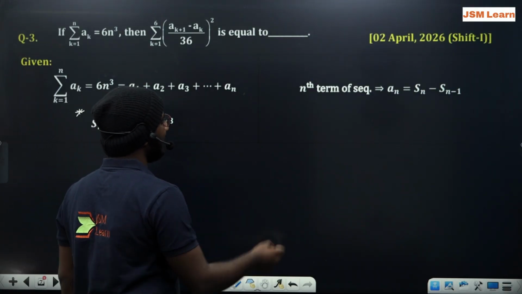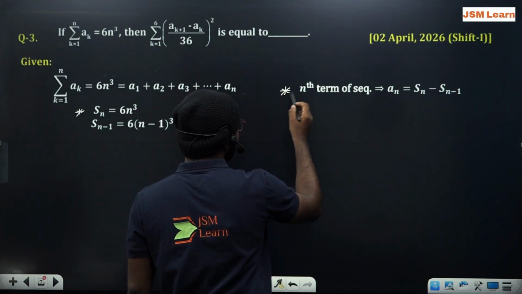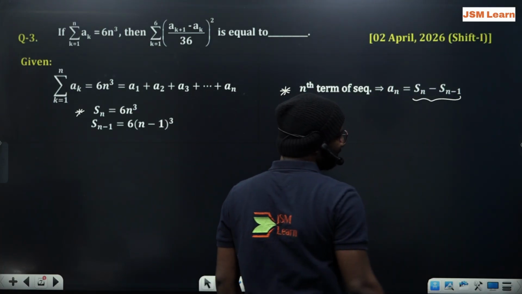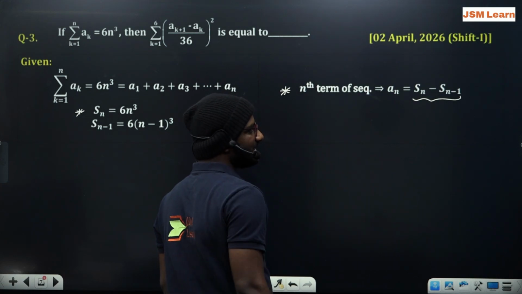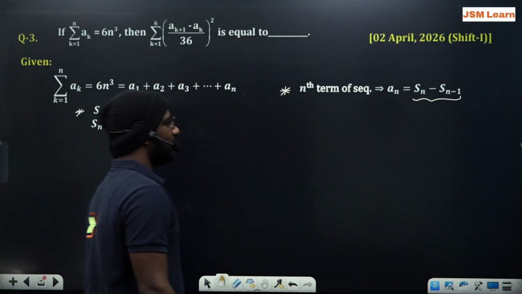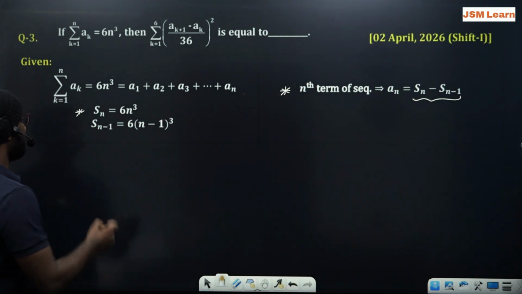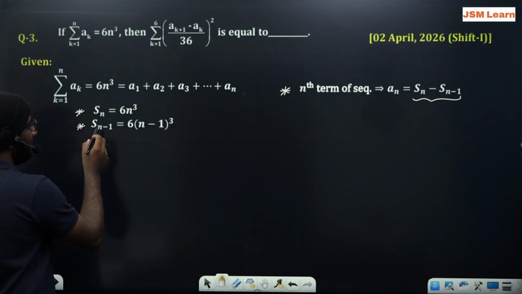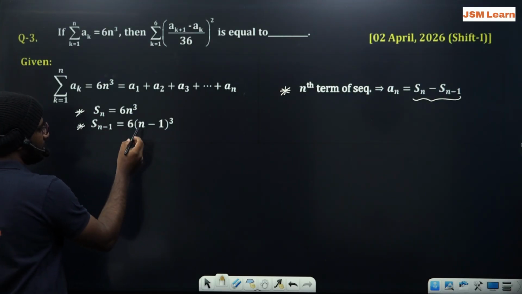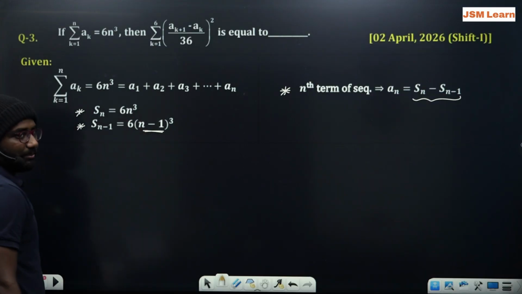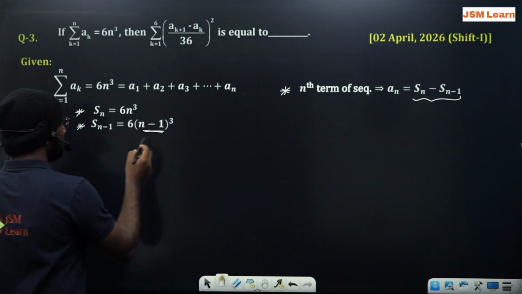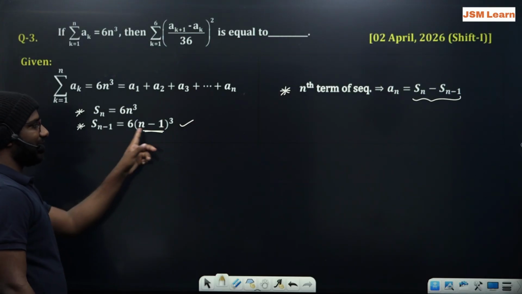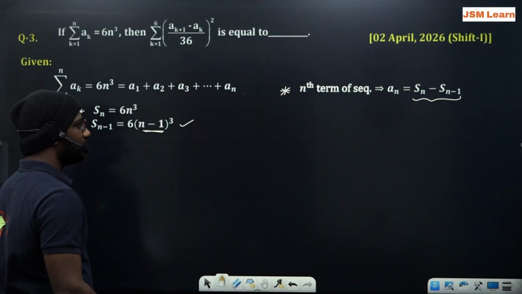Now we are going to write nth term of this sequence, which is equals to sum of n terms minus sum of n minus 1 terms. Now we are going to find the sum of n minus 1 terms by using this formula. Instead of n, we are substituting n minus 1 in the place of n. So we got sum of n minus 1 terms is equals to 6 times n minus 1 whole cube.